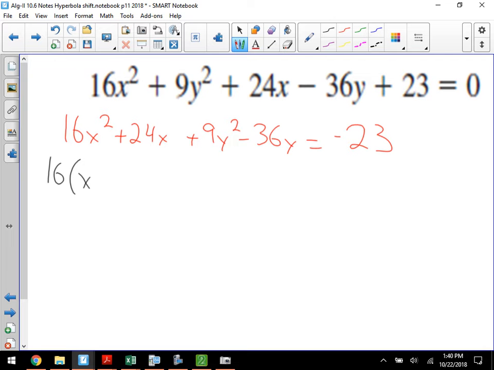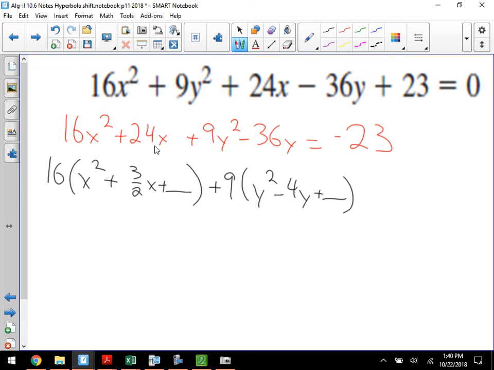I'm going to get x squared plus, well, 24 divided by 16. They're both divisible by 4, so you get 3 halves. Same deal, take out the 9, we get y squared minus 4y plus blank.